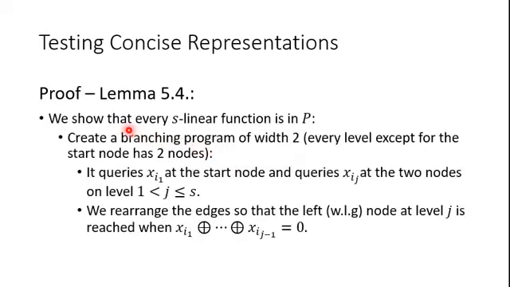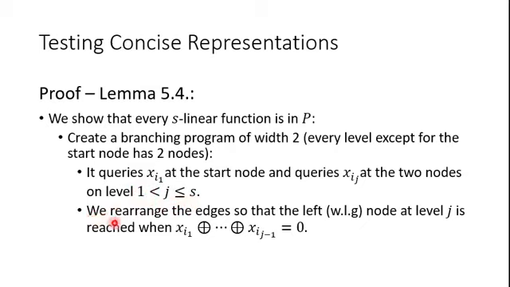Okay, so we will first show that every s-linear function is in P. So this is very straightforward, very simple. We can create a branching program of width 2, where every level except for the start node has 2 nodes, of course. And this branching program queries x_{i1} at the start node, and then it queries x_{ij} at the 2 nodes on level j, that is, of course, not the start node, all the way until level s included.